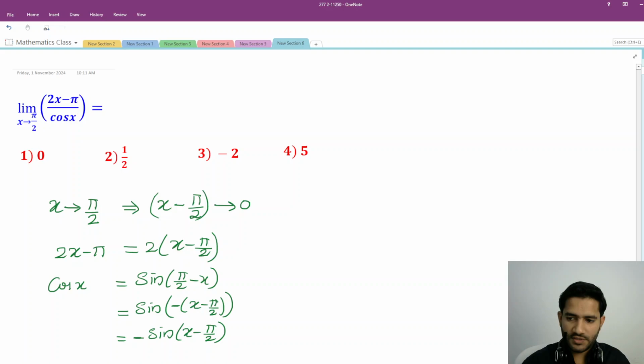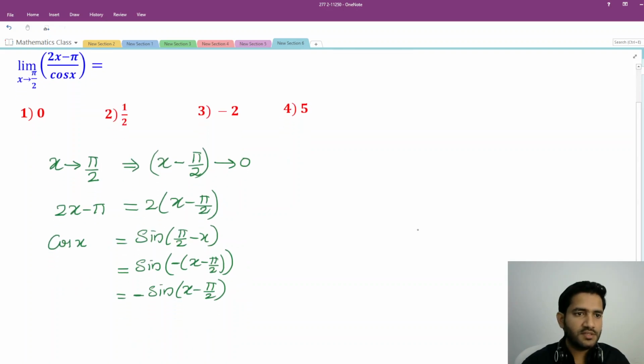Now just look at the question. The question is limit x tends to pi by 2. We are converting all the functions, all the variables, into x minus pi by 2. So instead of x tends to pi by 2 we write x minus pi by 2 tends to 0.